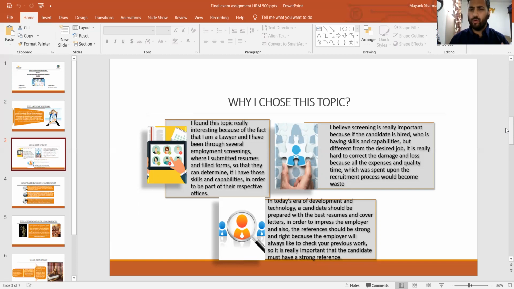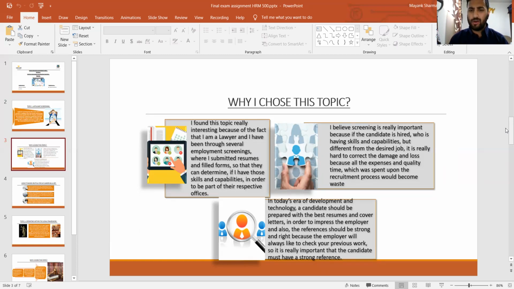It's damage to the whole process, because if we cannot find the best person for the suitable job, it would directly affect the organization's goals and productivity too. So I believe applicant screening is really important.